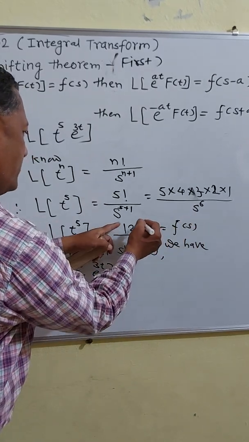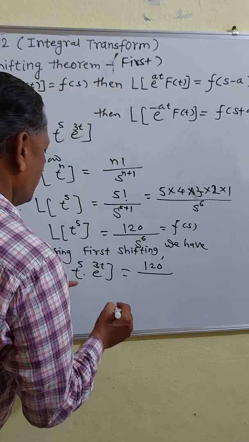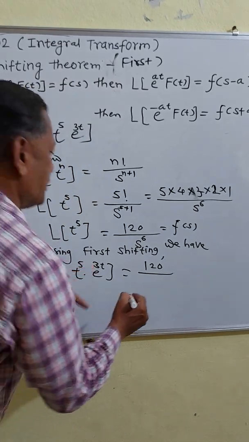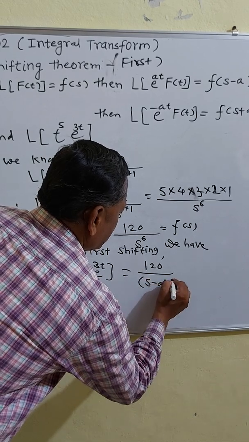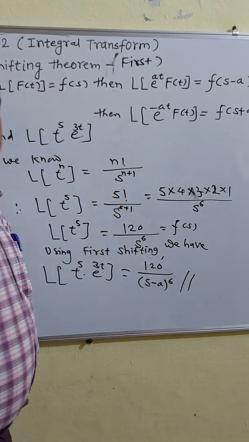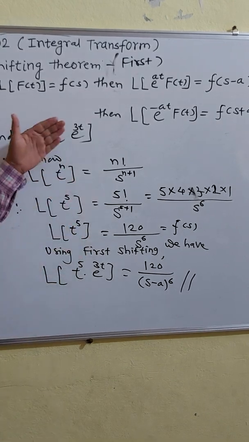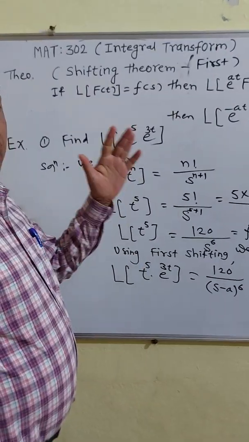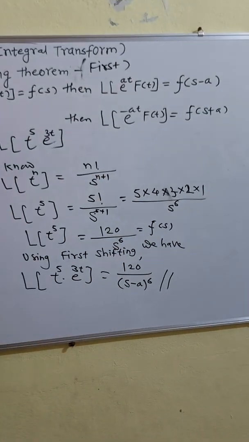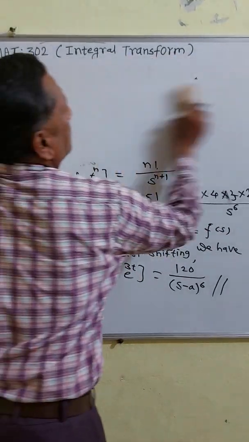This is the f of s, which means 120 upon s, where s is replaced by s minus a, that is s minus 3 raised to 6, and this is the answer. So using the first shifting theorem, you have the Laplace transform of t raised to 5 into e raised to 3t. Similarly, we see another example.